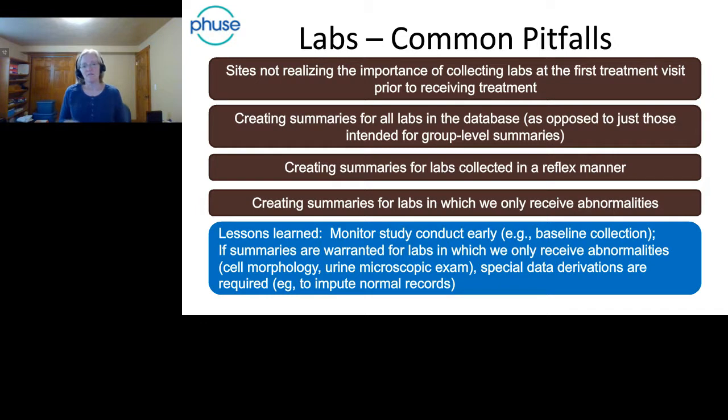And another comment, when you just run analyses through your entire lab database, you'll end up with summaries for labs that were collected in a reflex manner. What we mean by reflex manner is you only collect that if something else occurs, right? So if you have one lab and you saw something and then that caused other values to be collected, that's a reflex manner.